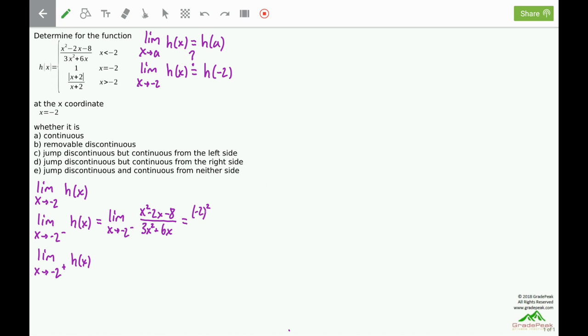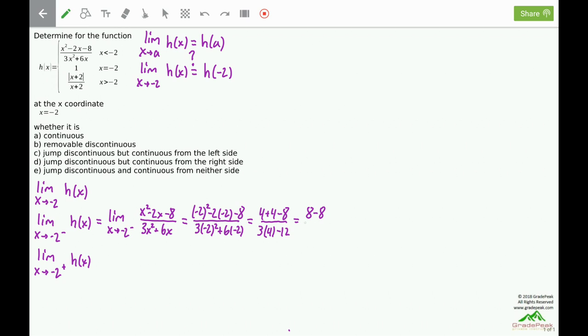That will give us negative 2 squared minus 2 times a negative 2 minus 8 over 3 times negative 2 squared plus 6 times negative 2. Negative 2 squared is a positive 4. Negative 2 times a negative 2 is a positive 4. Then minus 8 over 3 times negative 2 squared is a 4. And then 6 times a negative 2 is a negative 12.